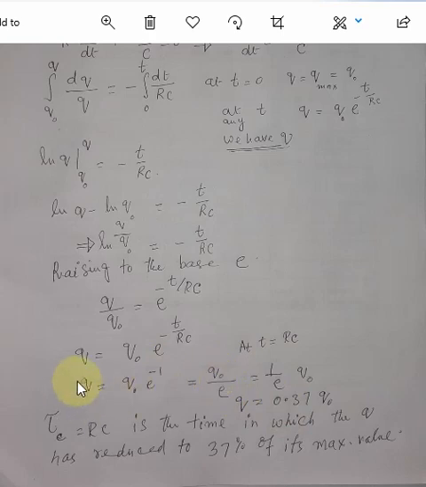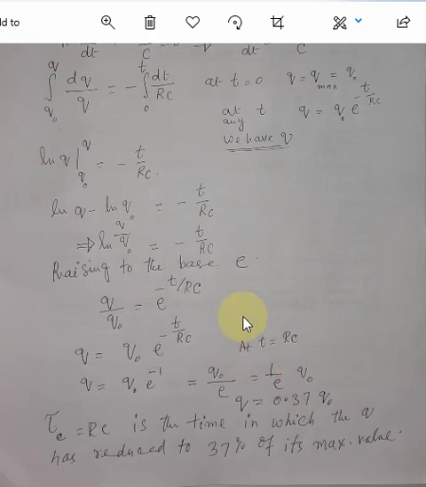So Q naught divided by e, or 1 over e times Q naught, is actually 0.37 times Q naught. When you substitute the value of e over here, then 1 over the value of e gives you 0.37 Q naught, and this gives you 37% of the maximum value of the charge deposited on the plates of the capacitor.